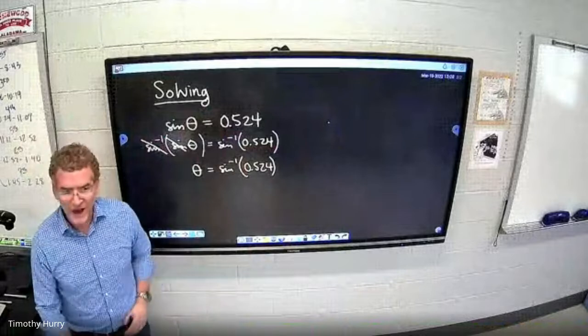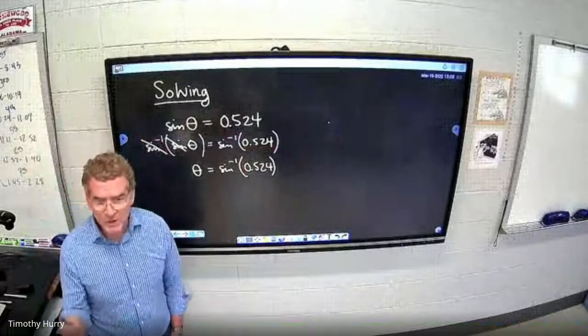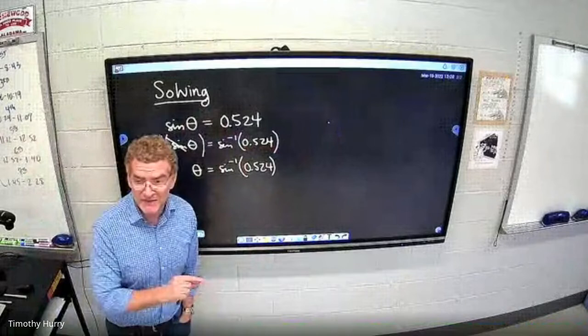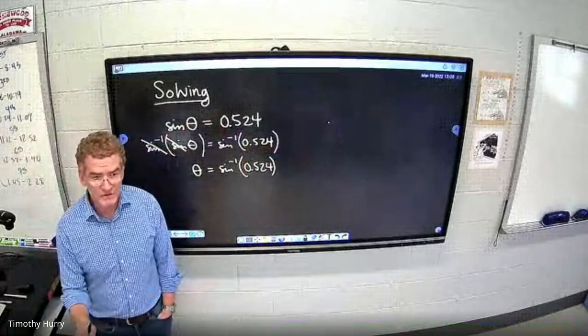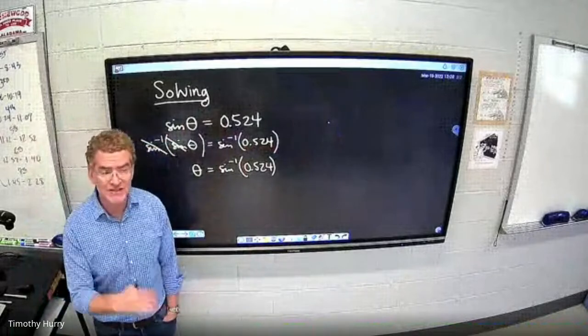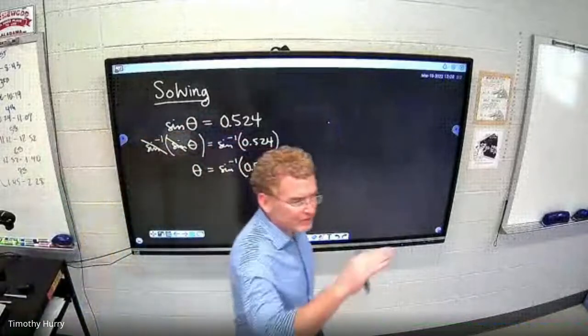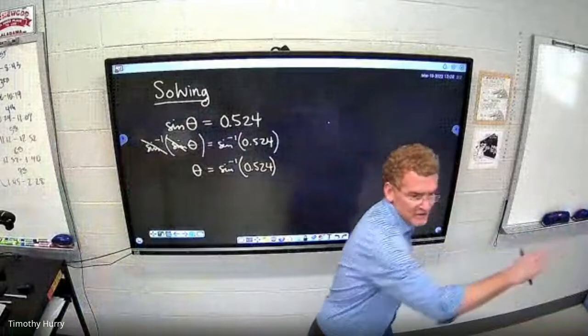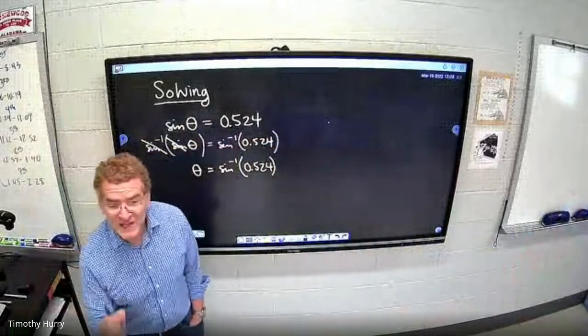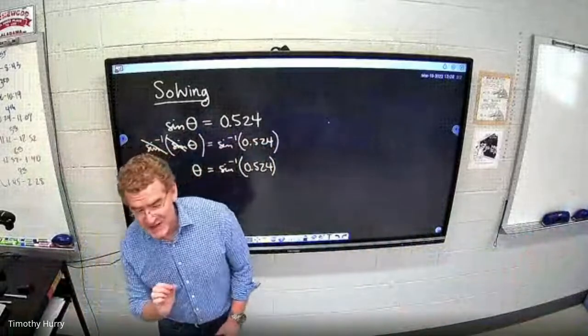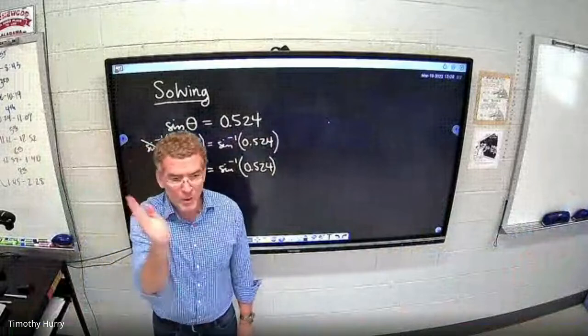Okay, now, sadly, we don't talk a lot about inverse sine in this class. The inverse sine function is a different function than the sine curve. The sine curve wiggles forever along the x-axis, okay? The inverse sine curve, in theory, would wiggle along the y-axis.